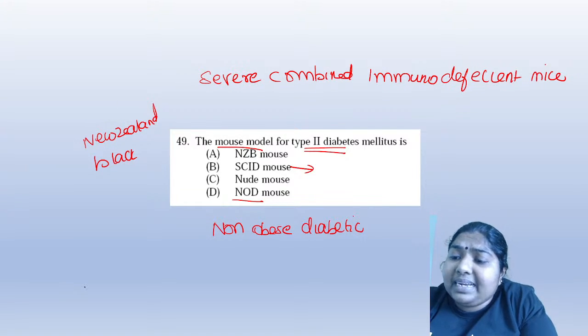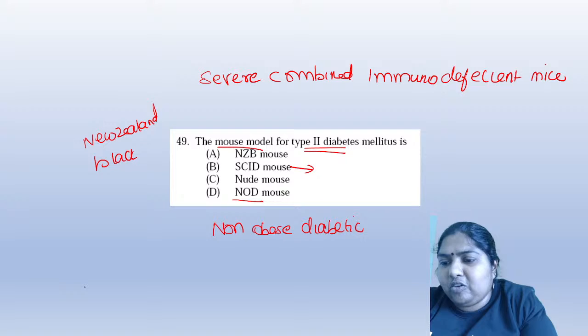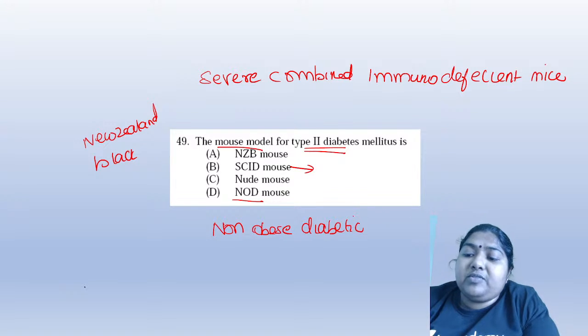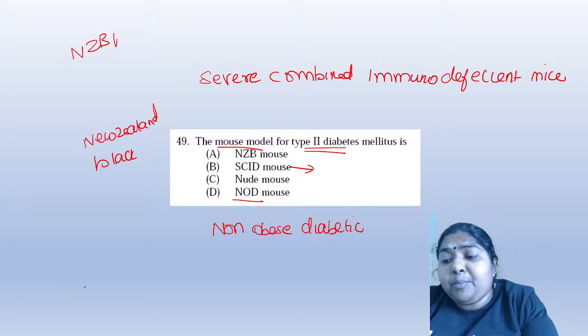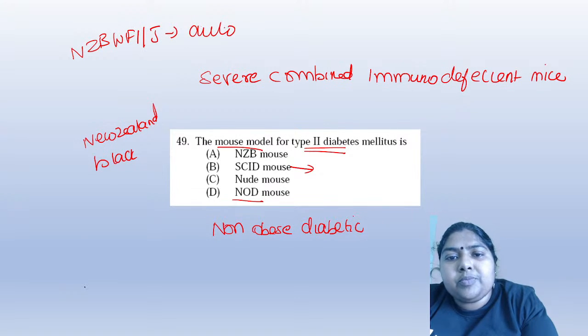So it will be combined with some other strain also. Yes, then you can use it in a variety of things. Okay, so if it is combined with this NZB, if it is combined with WF1 bar J, then it will become autoimmune. Okay, so like that they have a variety of strains. Okay, so this is the basic thing.